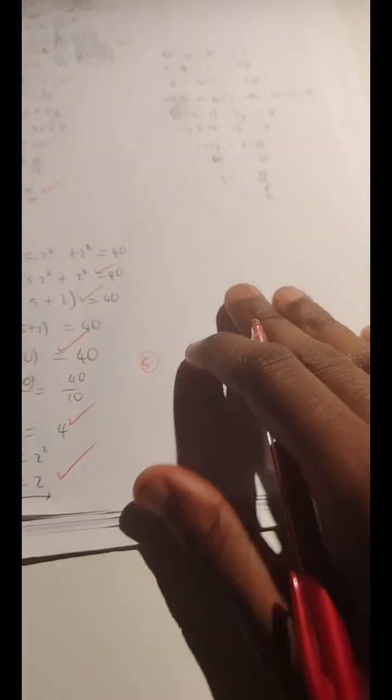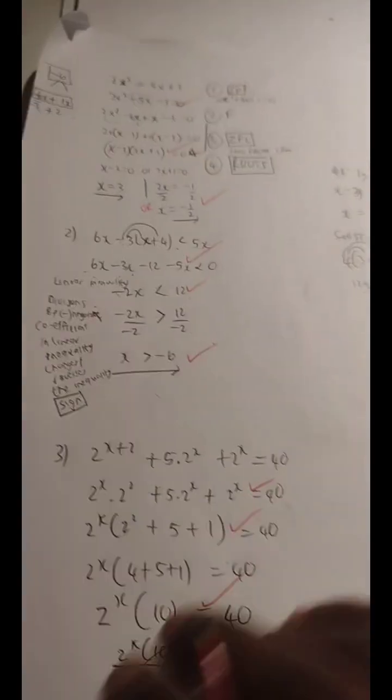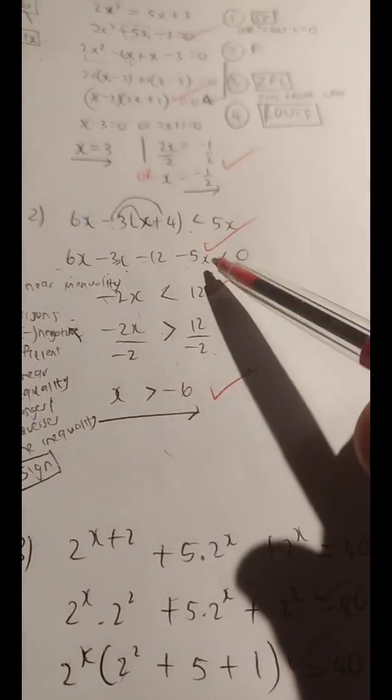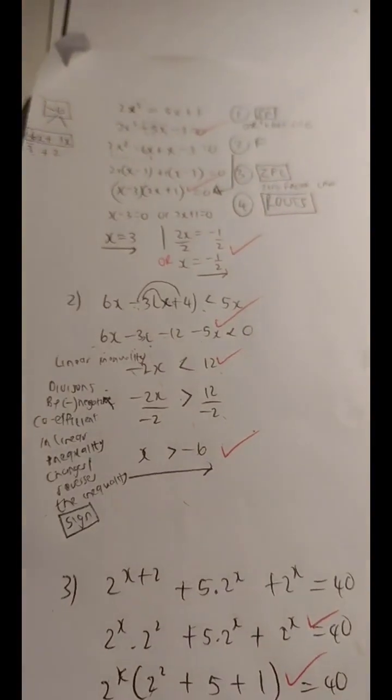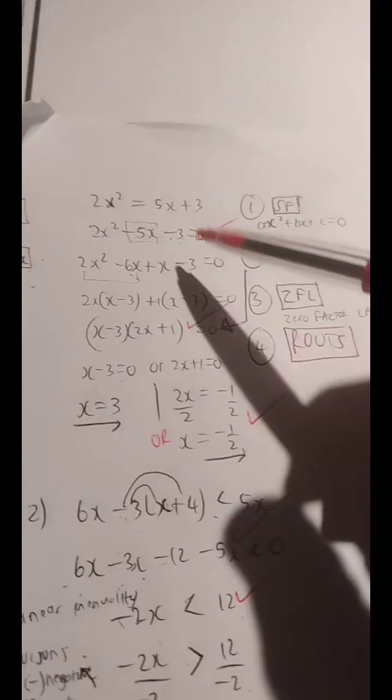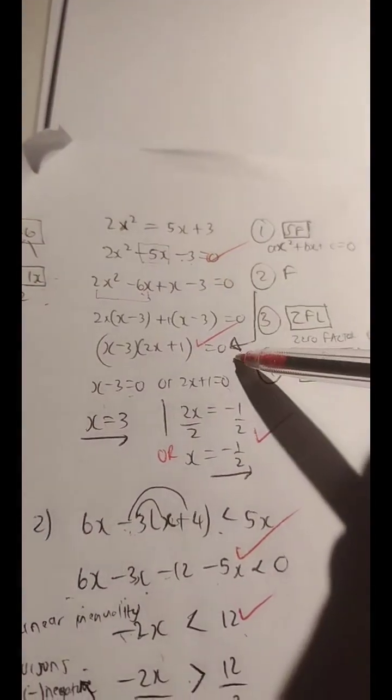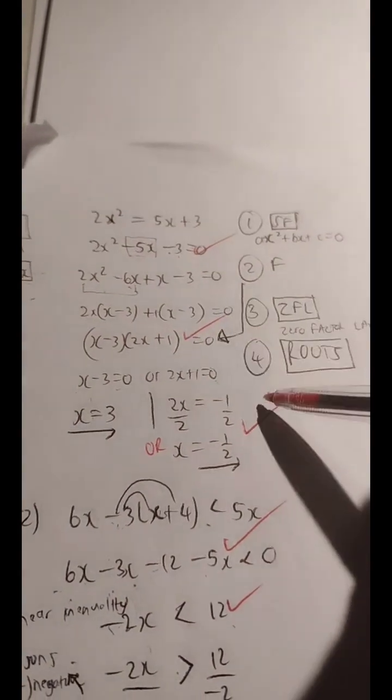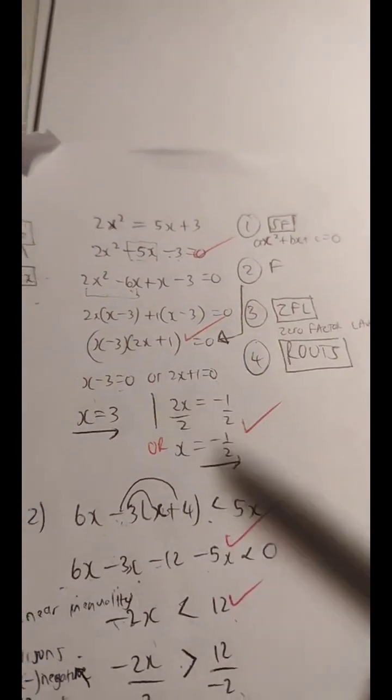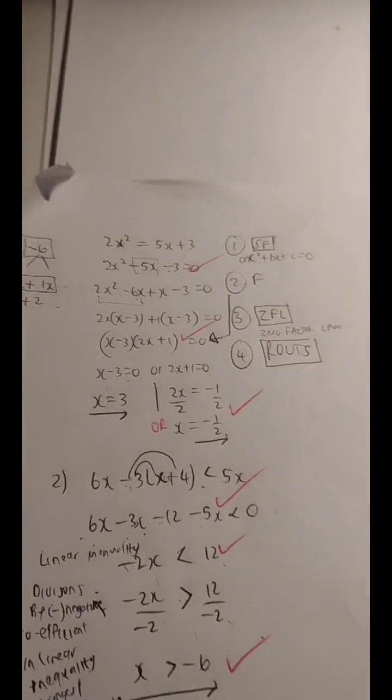That's 5 marks. This one was 3 marks, as we've already spoken about it. This one, standard form, factors, roots, both of them being correct. That's 3 marks.